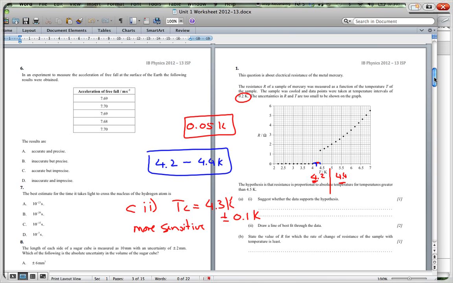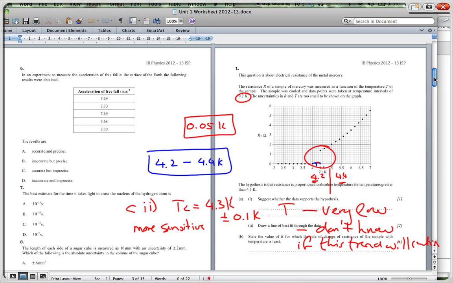And then finally, the last question, outline 2 reasons why you could not use the data to determine an accurate value for R at room temperature. For this data, we are talking about extremely low temperatures. These temperatures are very low, and we don't know if this trend will continue. We already see that there was a change here.